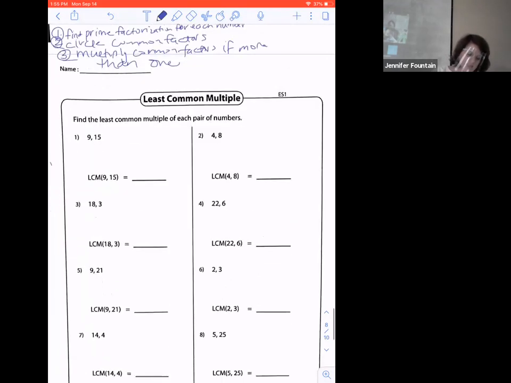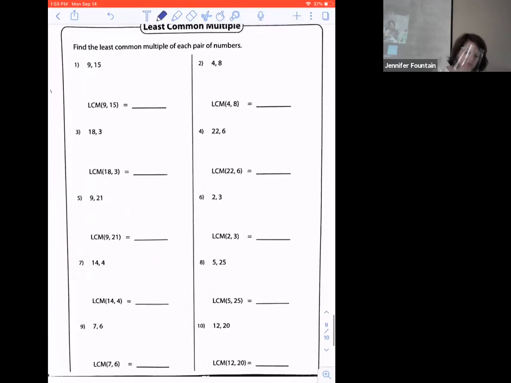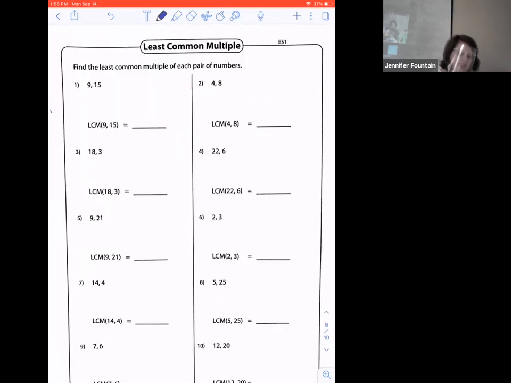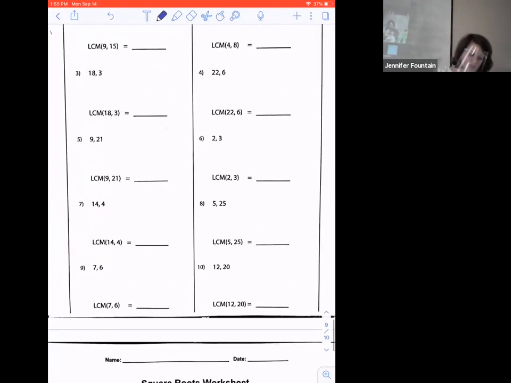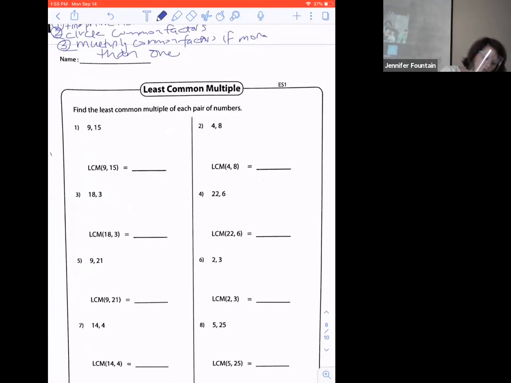And then I think last, nope, not quite last, we've got square roots. Second to last is least common multiple. Least common multiple and greatest common factor are similar in that you start the first with prime factors. So on this one, again, number one, prime factorization.